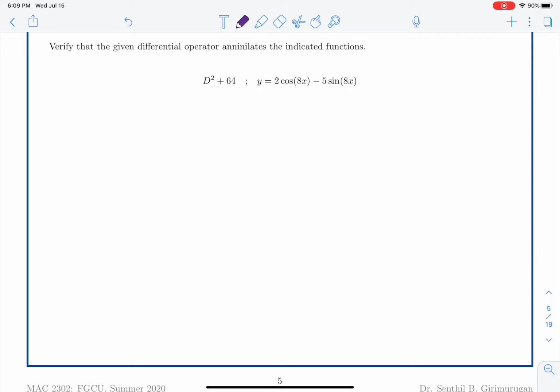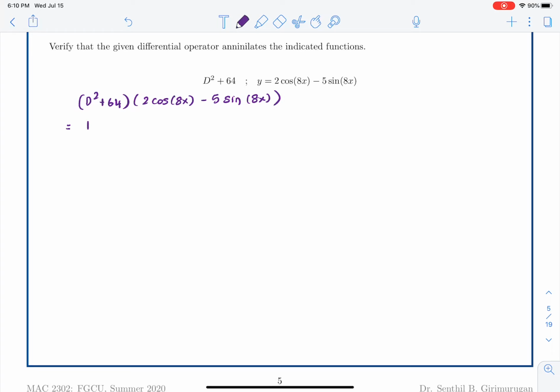So we'd like to see if D squared plus 64 would annihilate that giant expression. So D squared plus 64 applied to y, which is 2 cosine 8x minus 5 sine 8x.